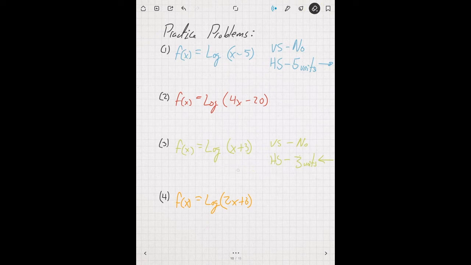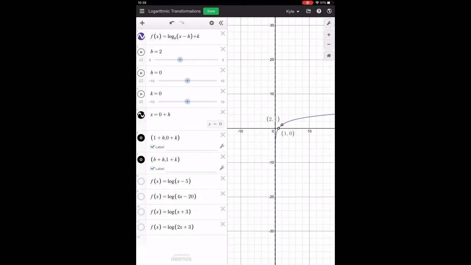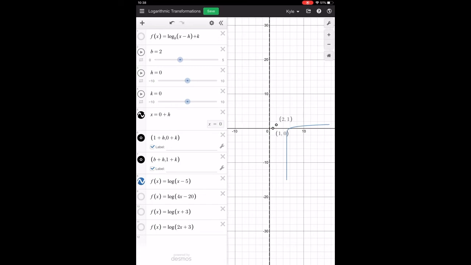So why don't we go ahead and take a look at those two graphs. Here in Desmos, I'm going to unclick the purple graph, and let's take a look at the two examples. We had the blue function, log of x minus 5, and we had the green one, log of x plus 3. Let's start with the blue.